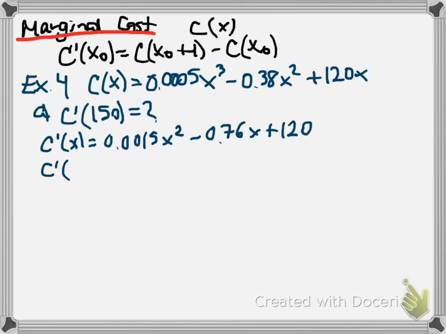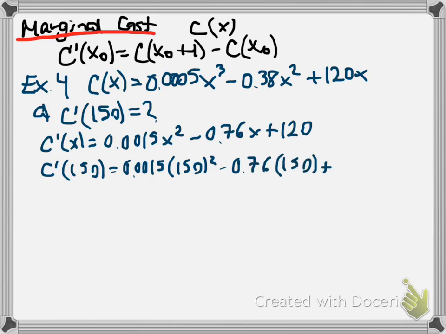So we will do C prime of 150, which will be 0.0015 times 150 squared minus 0.76 times 150 plus 120, which equals 39.75, and we are estimating that value using the derivative or the marginal cost.